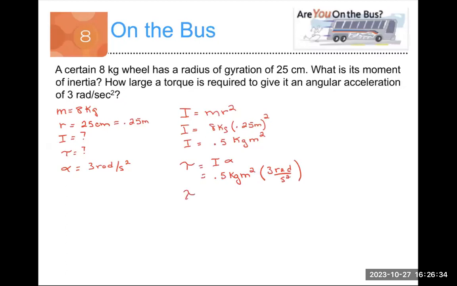So torque is going to be 1.5 newtons times meters. Okay. You don't include the radians as part of your units, just like you wouldn't include revolutions as part of your units.